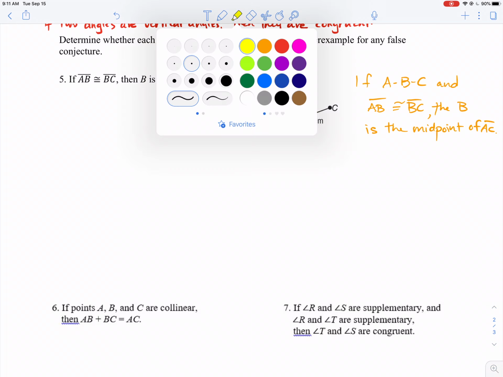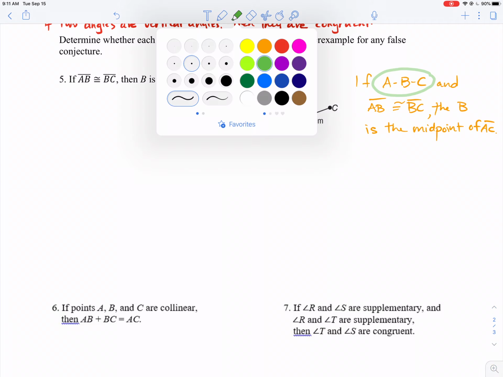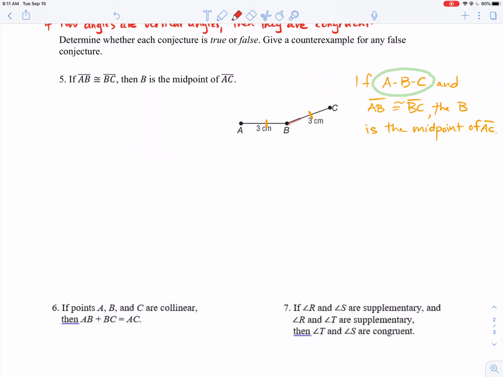This terminology is saying that they are collinear. In our case here, they are the same length, but they are not technically on the same line. It's 2 different segments.